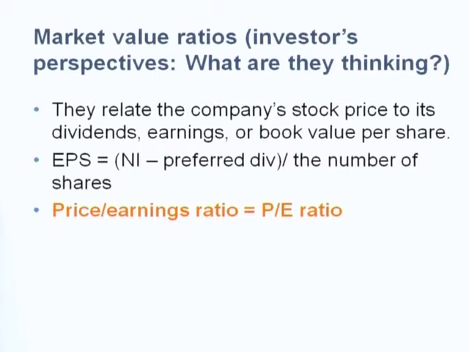PE ratio unit is times. It equals price per share divided by earnings per share. If the PE ratio equals 5 times, what does it mean? Investors are willing to pay $5 for every $1 of earnings per share. Higher means better in terms of management because the market price is higher. If market price is higher, it means wealth increases.